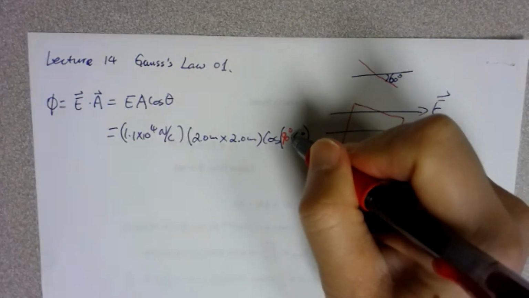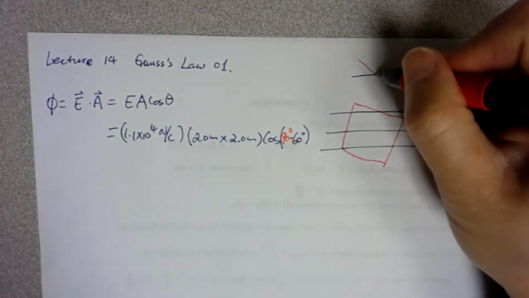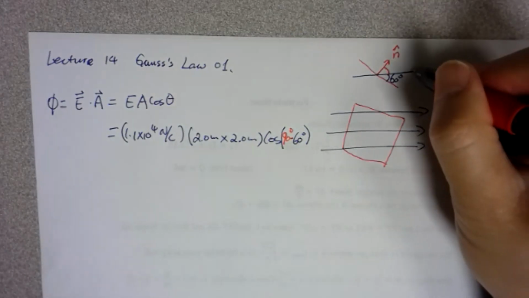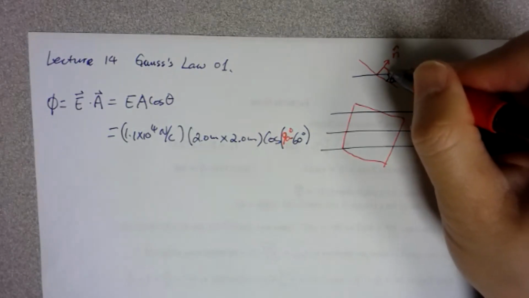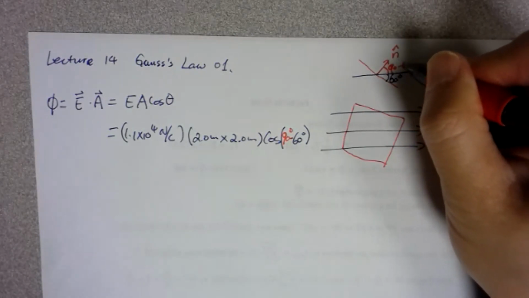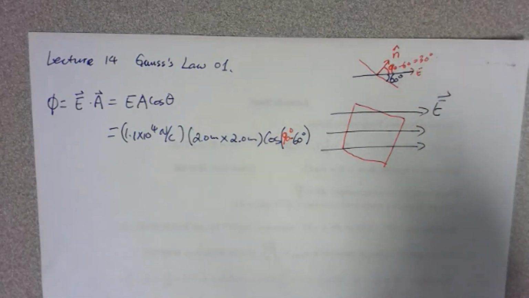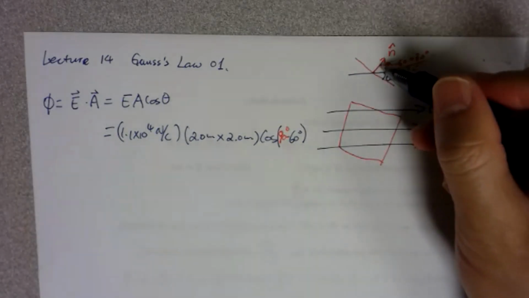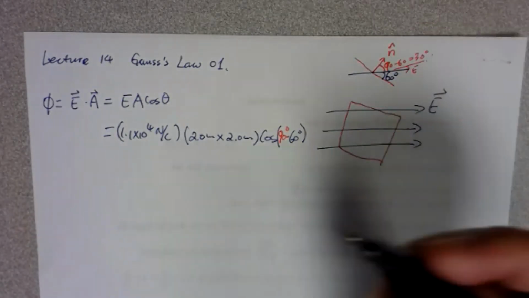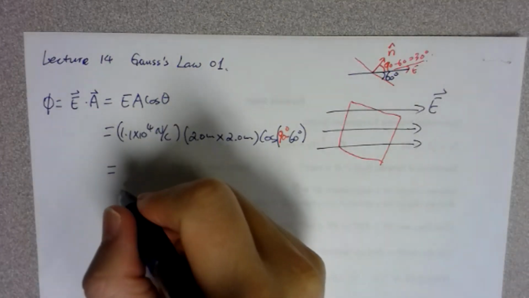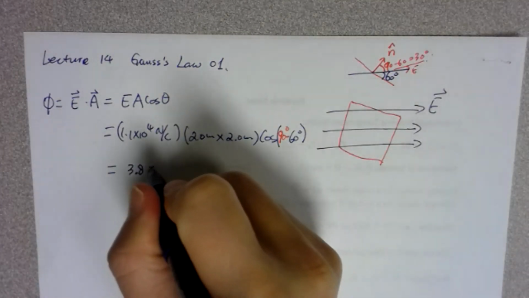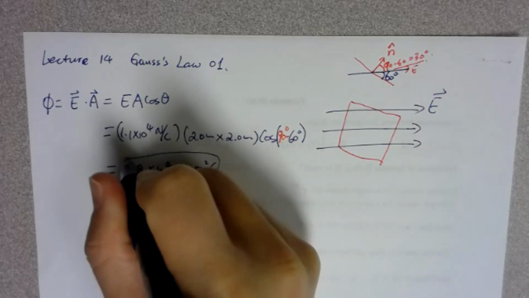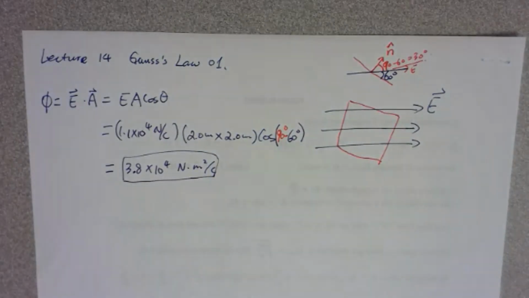Remember, the angle is with the normal direction of the sheet, which makes an angle with the E field, so it's 90 minus 60, which is 30 degrees. That's the catch there. Always remember, it's the normal direction of the surface that makes the angle with the electric field. With that, this gives 3.8 times 10 to the fourth newtons meter squared per coulomb. That's the electric flux.